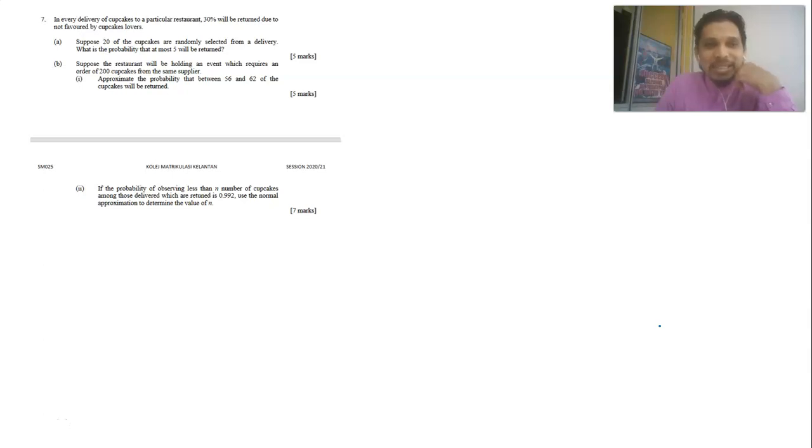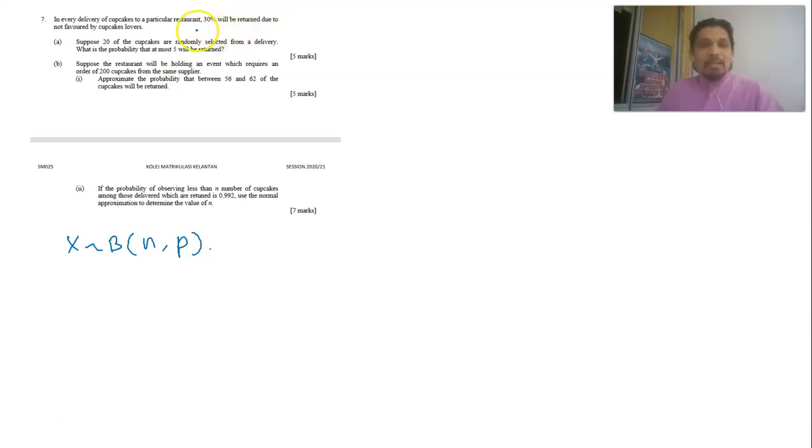So class, in this case, when we talk about binomial, last time we mentioned X binomially distributed with n number of trials and probability of success. Success does not mean that it is always the positive thing. 30% will be returned due to being not favored by the cupcake lovers, meaning that the cupcake has failed for the bakery.